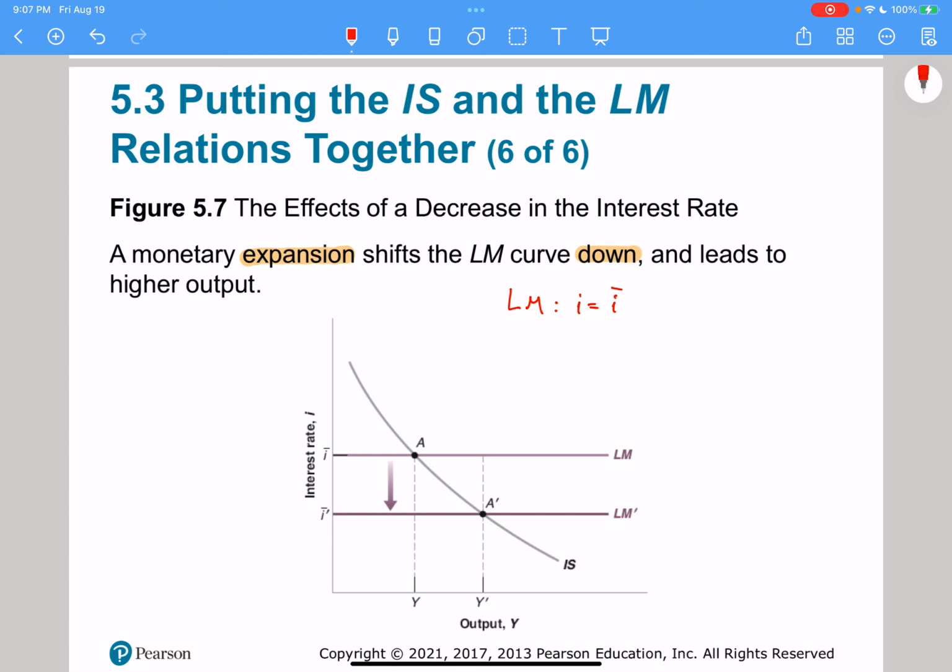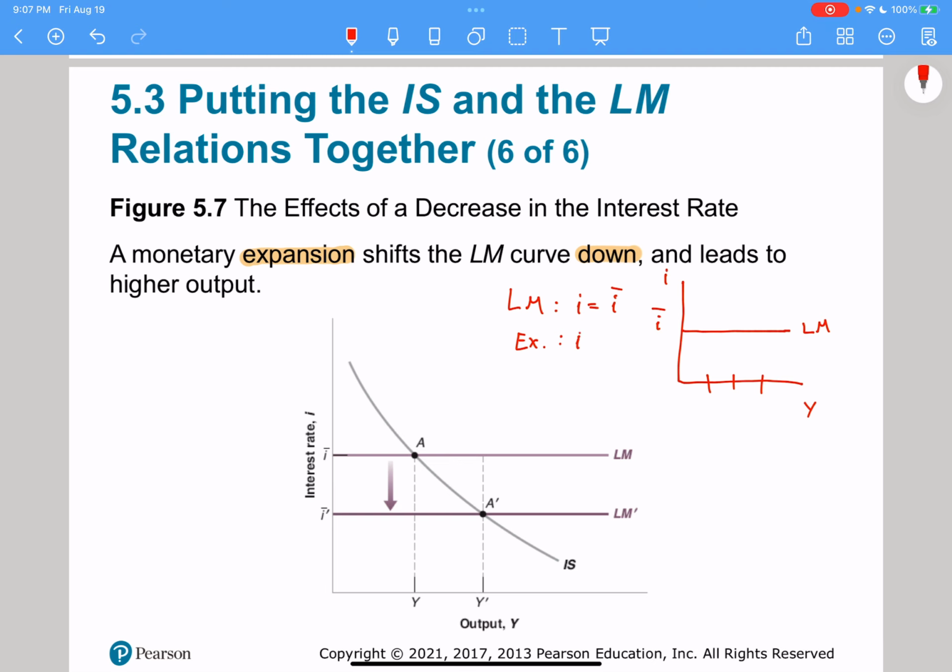This is the LM. As you can see, with the LM curve, we are not determining which is going to be the output. Is this one? Is this one? We don't know, right? So we only have the exogenous variable, which is the interest rate, in this case equal to I bar.